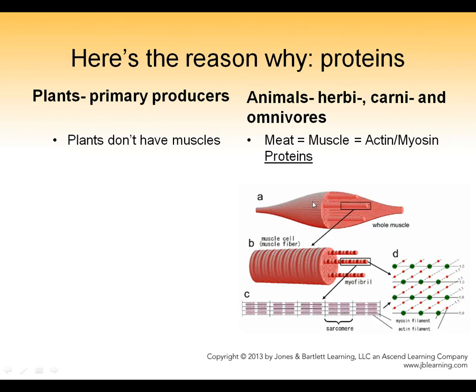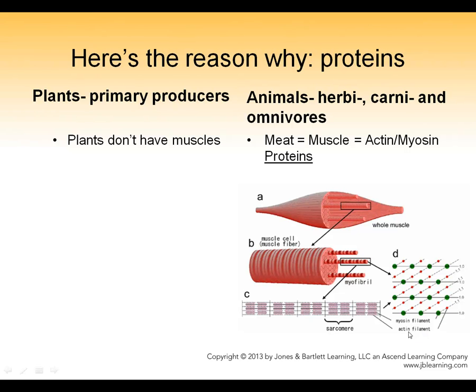Muscle is a collection of cells which are called muscle fibers, and inside the muscle cells are these fibers that are composed of long chains of two different types of protein, myosin and actin. And when muscle moves, what happens is these chains of myosin slide past the actin chains with these little feet that hold on to each other. It's kind of cool. And that's what muscle is.